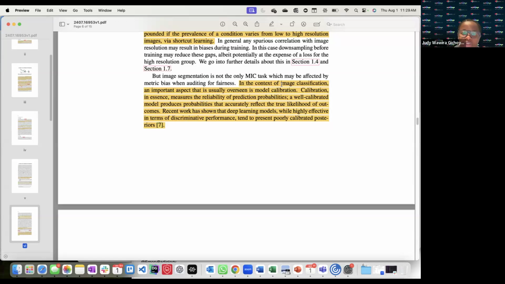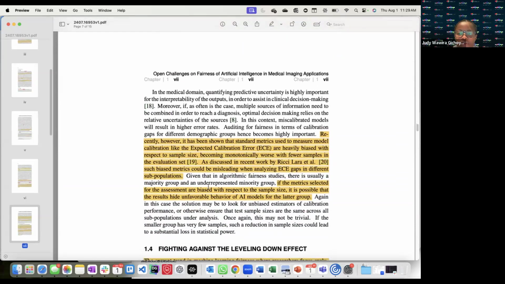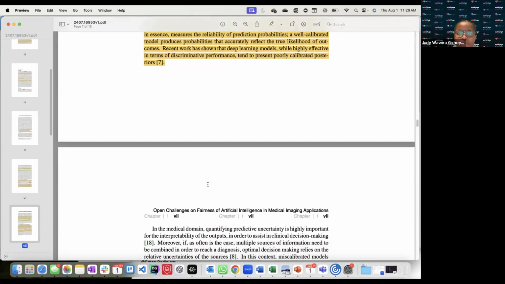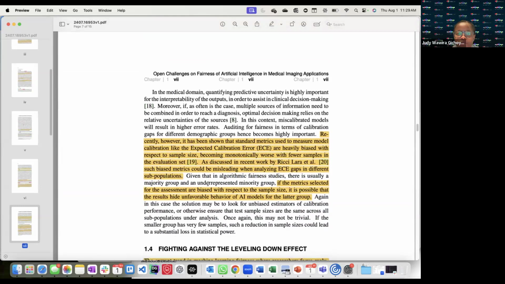A well-calibrated model produces probabilities that accurately reflect the true likelihood of outcomes. While we see good performance, most deep learning models have poor calibration errors. And so you need to quantify this uncertainty for interpretability of outputs.